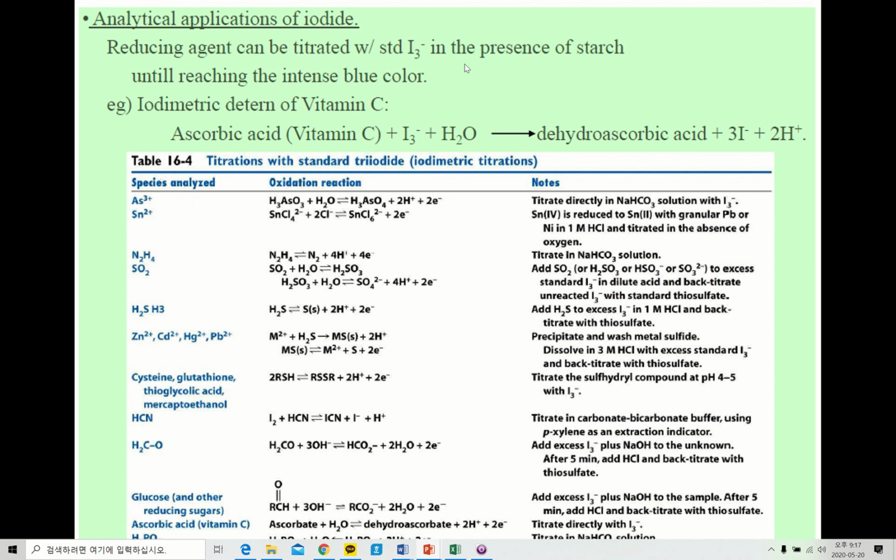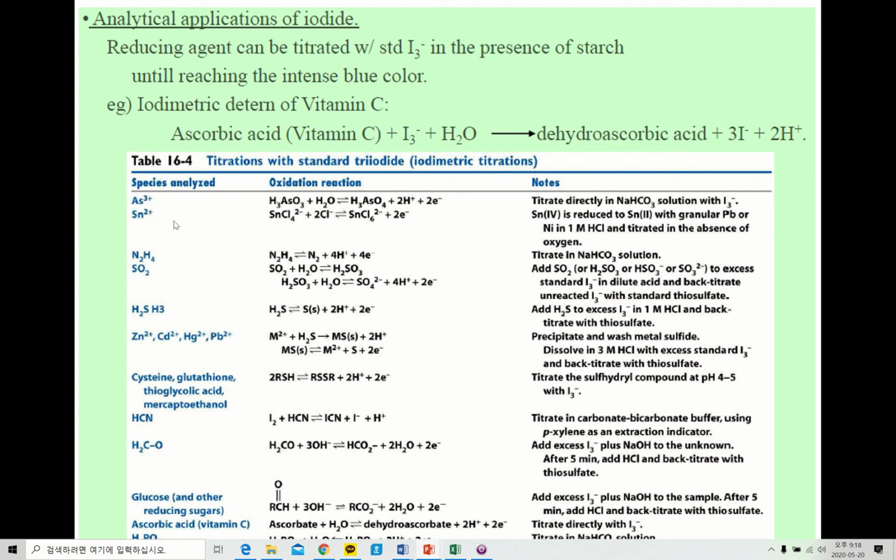For example, iodimetric determination of vitamin C. Vitamin C, another name is ascorbic acid, reacts quantitatively with triiodide to become dehydroascorbic acid. This list now shows how iodimetric titration is used.